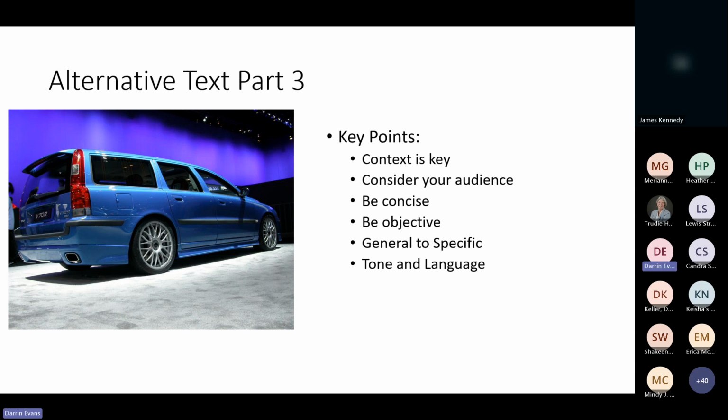So here are the key things for image descriptions. The context is key. And then you have to consider your audience, right? This is a classic car. This is a Volvo V70. Now, I'm definitely going to describe this station wagon differently to car enthusiasts than I would just say on Car Gurus. I just want to sell it, right?